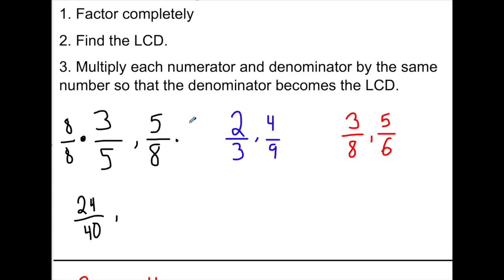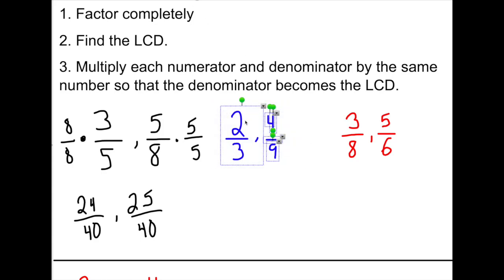Here, you can see that each one was multiplied by the other one's denominator. Now you can see that if I asked you to add or subtract, you would be able to do that because the denominators are equal.